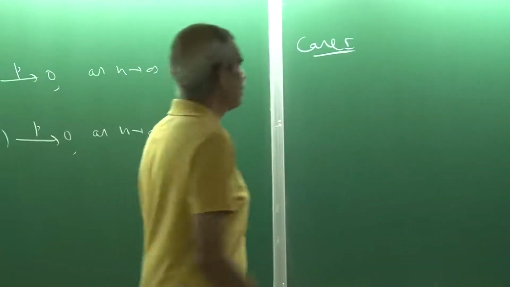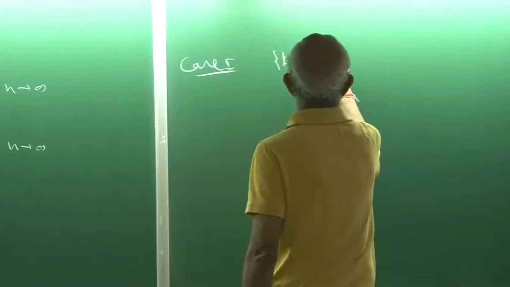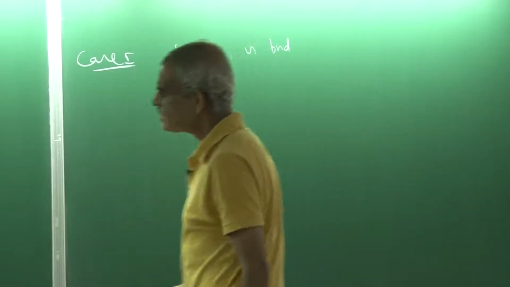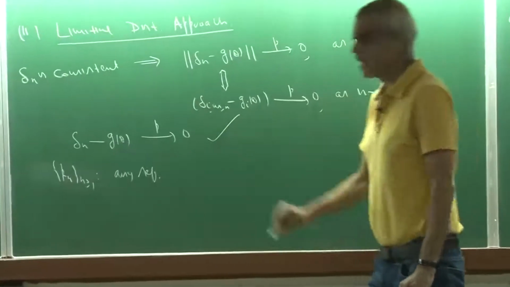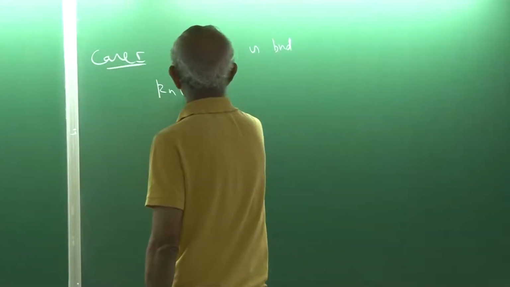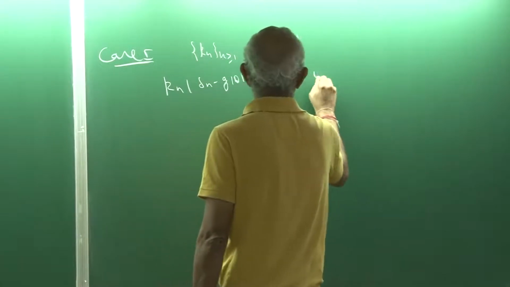First, kn is bounded. If kn is bounded and this happens, then you know that kn times delta n minus g theta would also go in probability to 0.